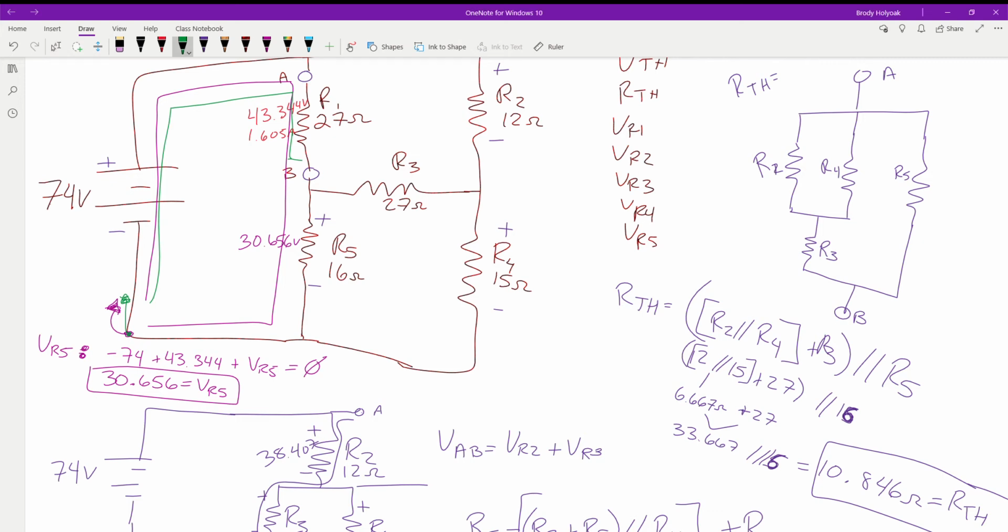So now that we have these values, let's look at our currents. Just like what we did before, we've got 1.605 amps here. How much current do we have down here?